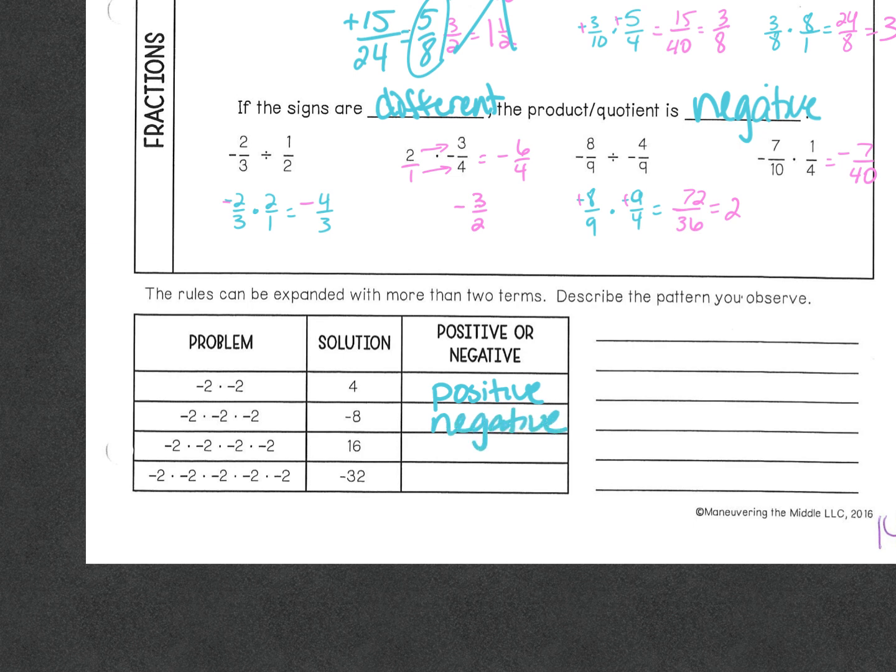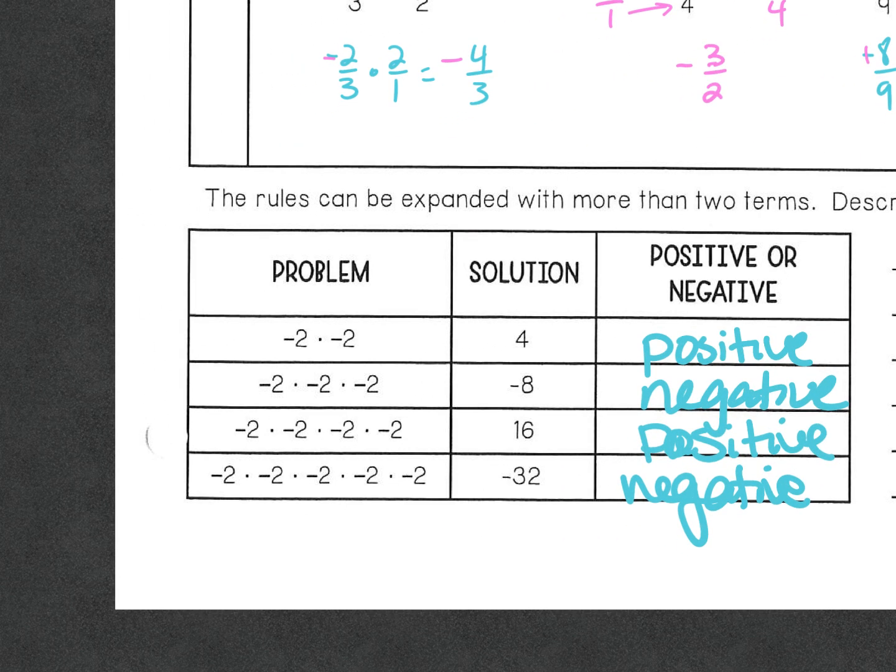So you're trying to figure out if you can see a pattern. In this one, there are 2 2s. In this one, there are 3. This one, there are 4 2s that you're multiplying together. In this one, there are 5.